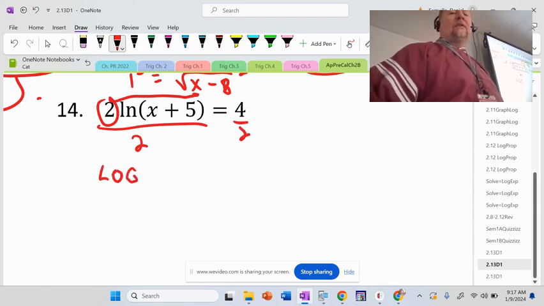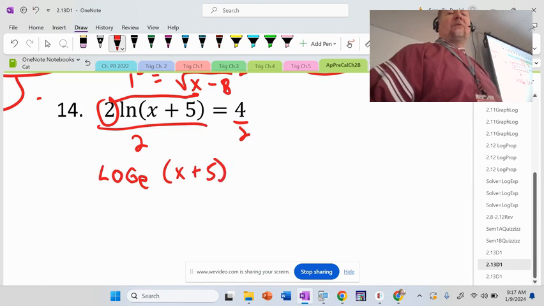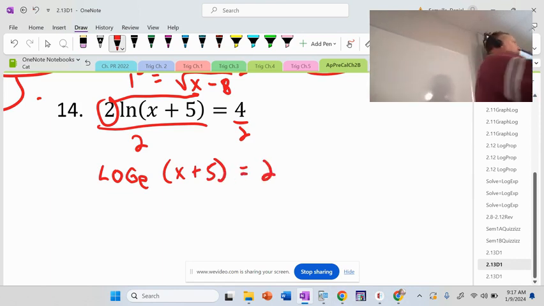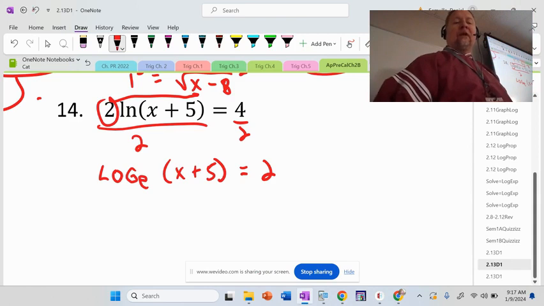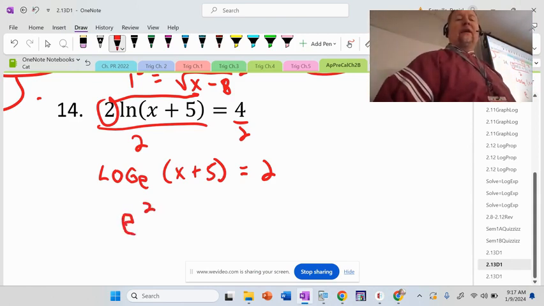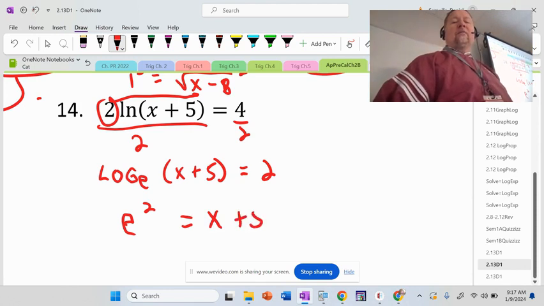And this will be the one time that I write it: ln is log base e. And I do have parentheses, so I'm not allowed to subtract 5. That x plus 5 is all together. If this is no calculator, change the logarithm to an exponent.